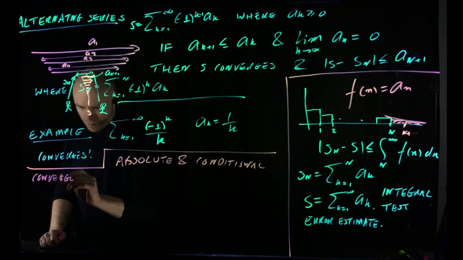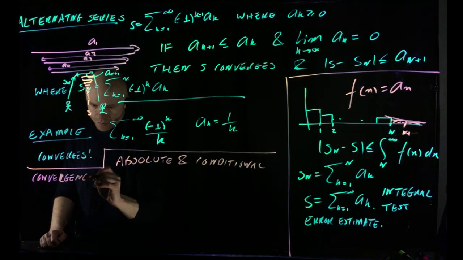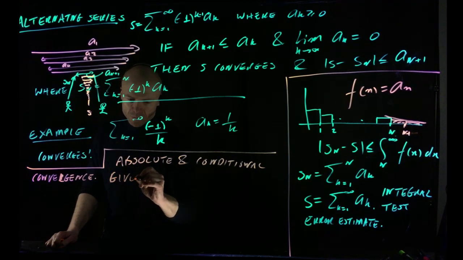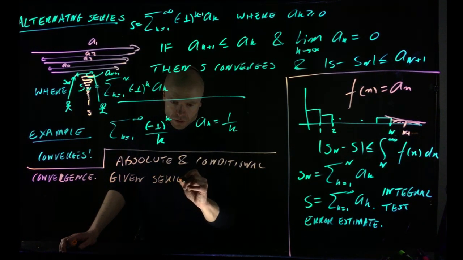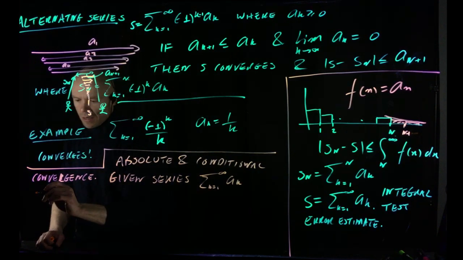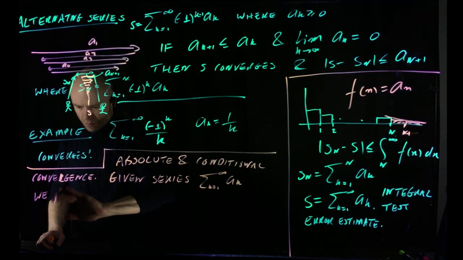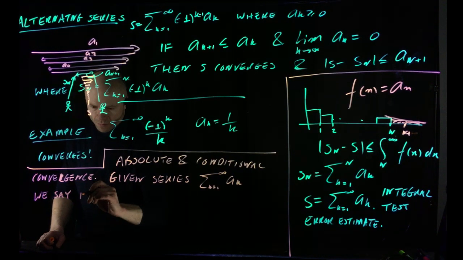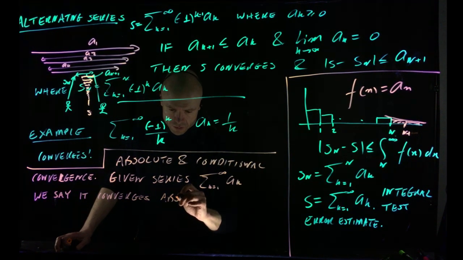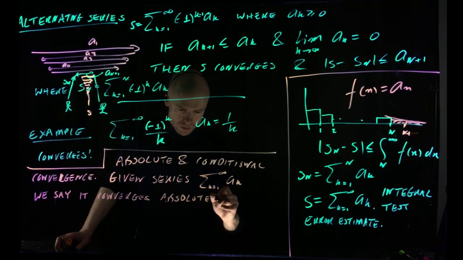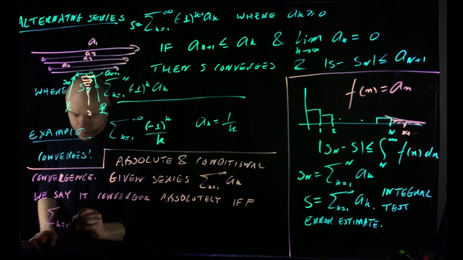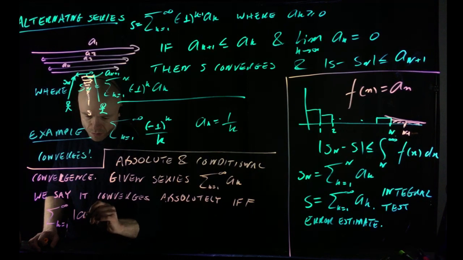Okay, so given a series a_k, we say it converges absolutely if and only if the sum of the positive terms converges.